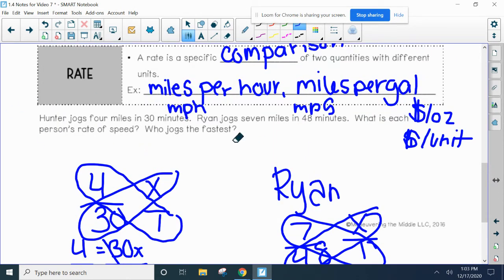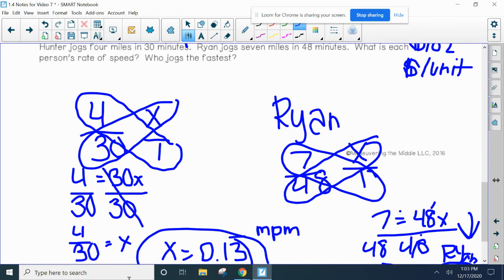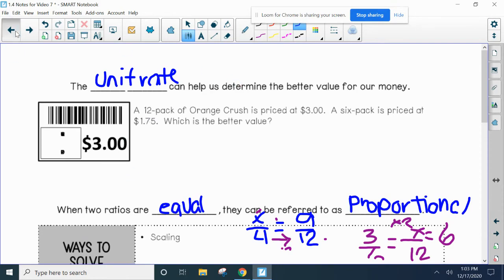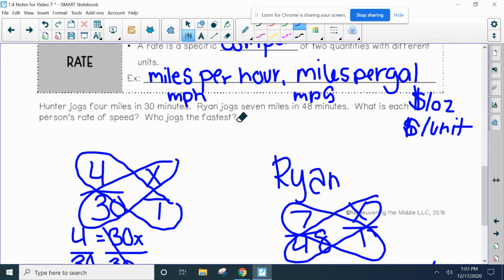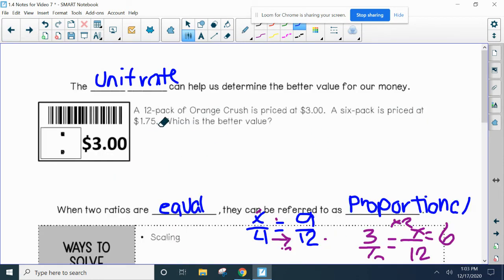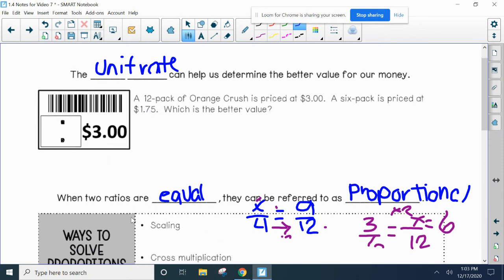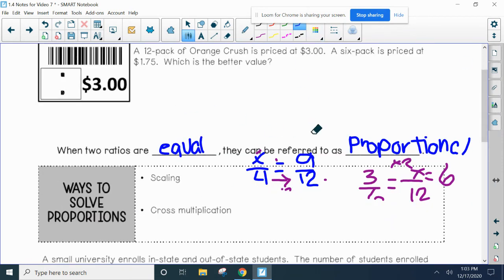We talked about unit rates, figuring out how much per one. I showed you how to solve them using a proportion, which ended up with us dividing them out. Then we talked about unit rates, where we figured out the value of 1.